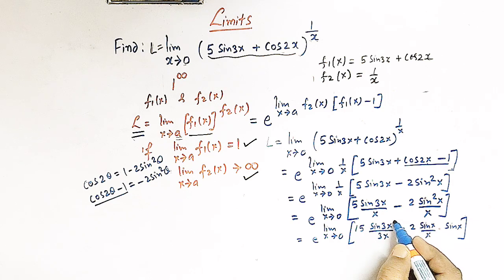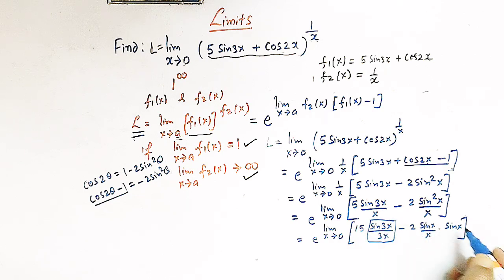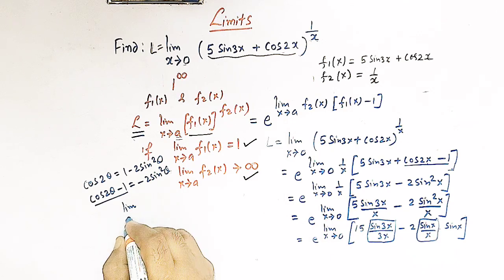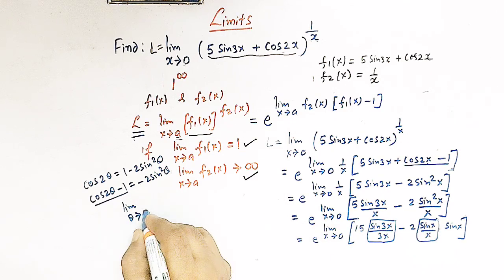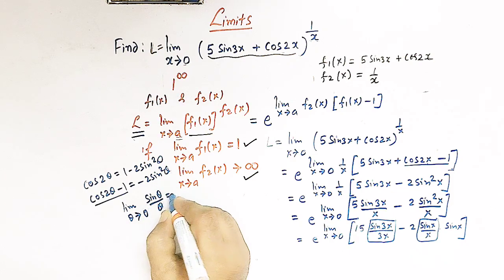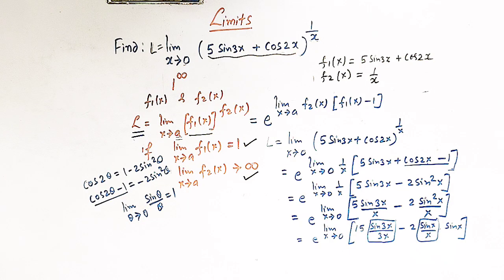So now here we have the form sin theta over theta, and from elementary limits we know that the limit as theta tends to 0 of sin theta over theta is equal to 1.